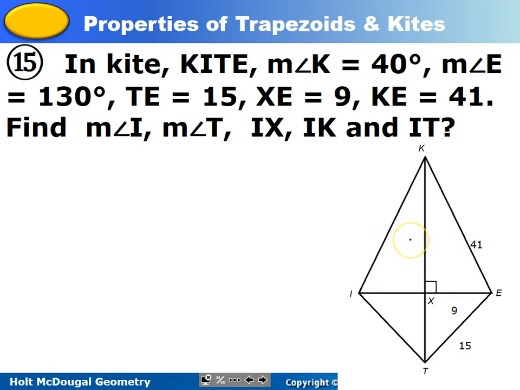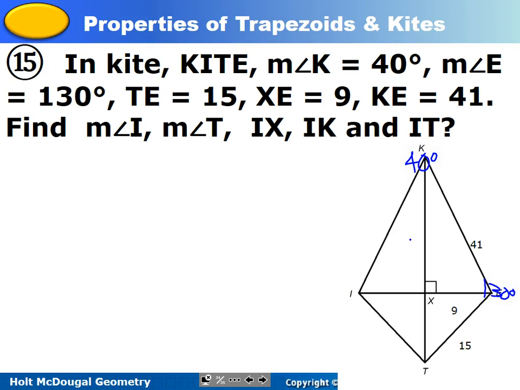Our next one says, in kite K-I-T-E, the measure of angle K is 40. So that means this measure up here is 40 degrees. The measure of angle E is 130. That's this one over here. The measure of TE is 15. That's already marked.